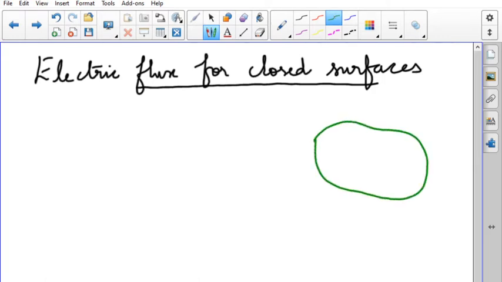It is a closed surface and it is kept in a non-uniform electric field. In this case, how will you calculate the electric flux? So the electric field is a non-uniform electric field.